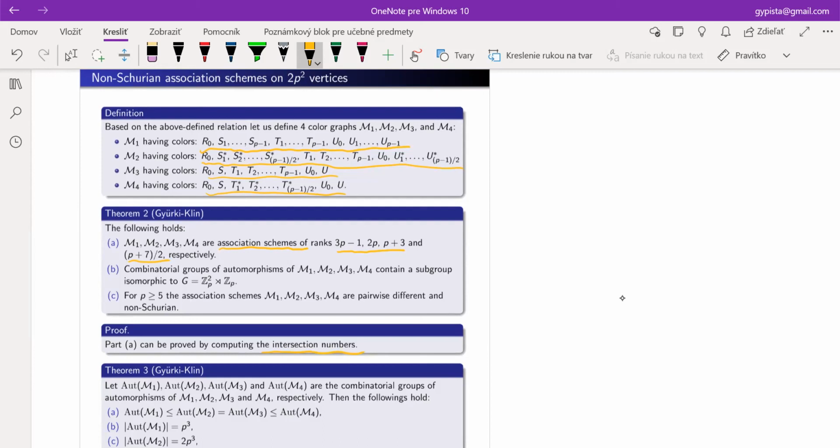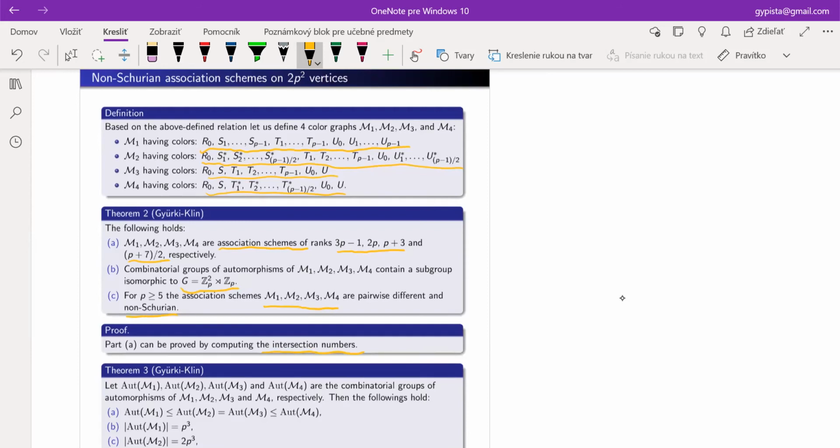And as the relations were constructed, it is clear that the combinatorial group of automorphisms of all these association schemes contains a subgroup isomorphic to the original group. And if the prime number P is at least 5, then all these four schemes are different and non-Schurian.